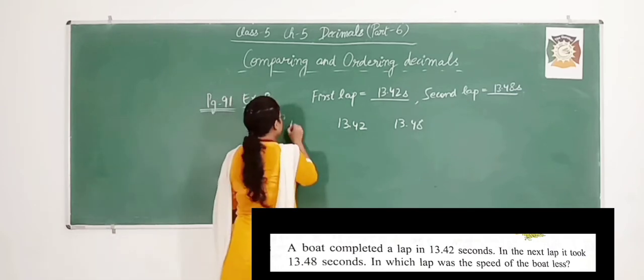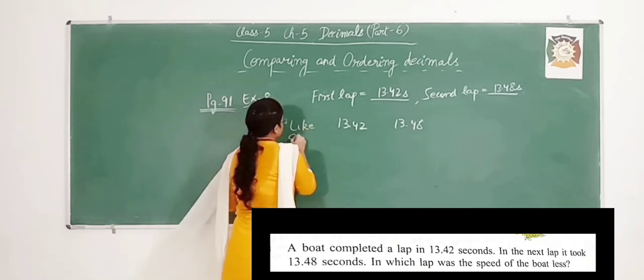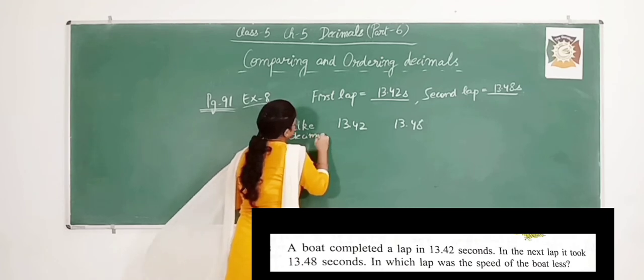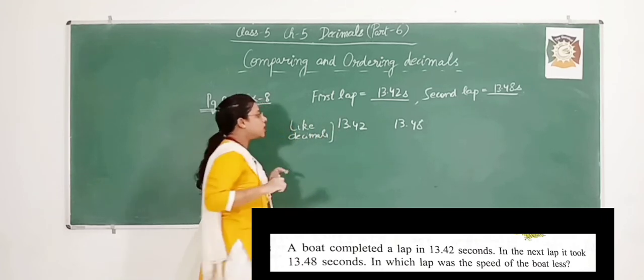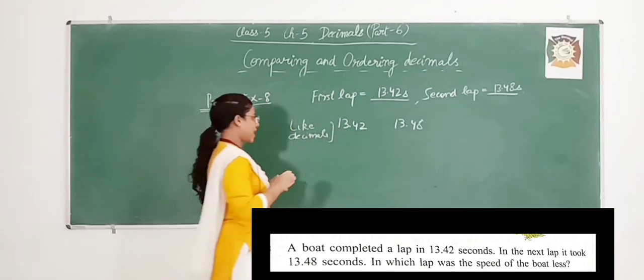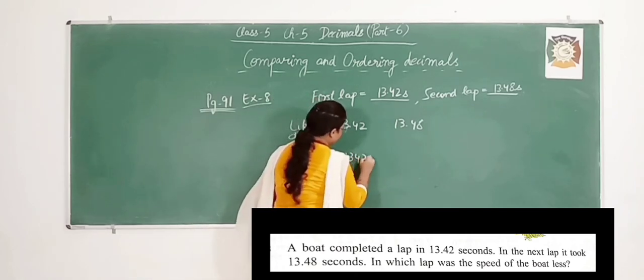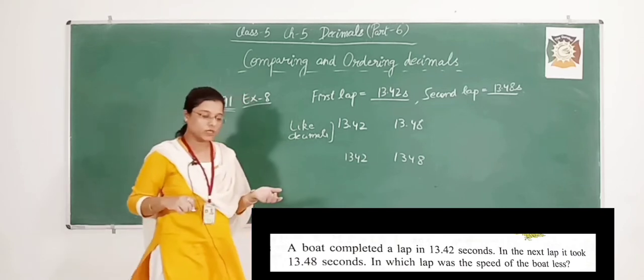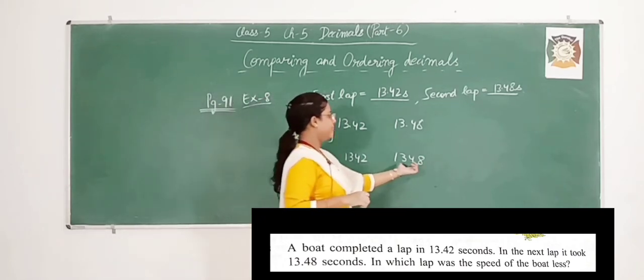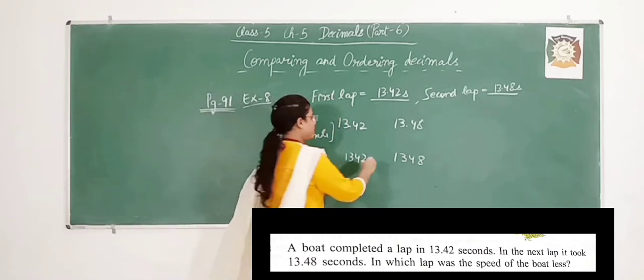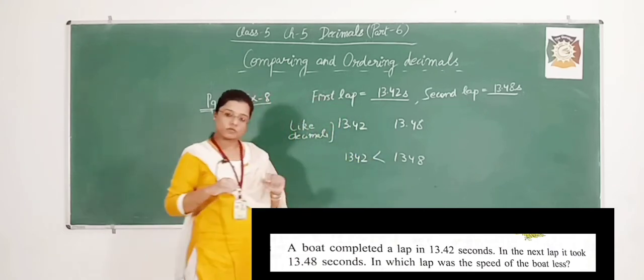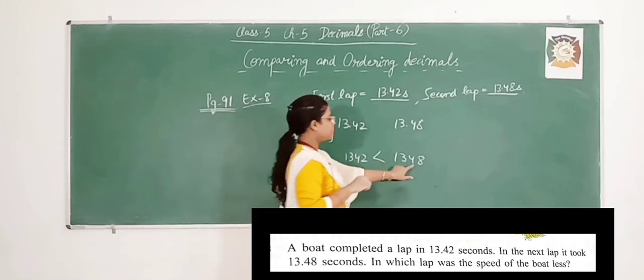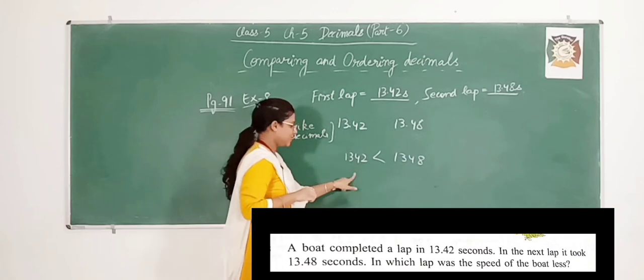It is fine. The example given to you is for like decimals. Now you will remove the decimal sign and write the whole numbers as 1342, 1348. Alright. Now you can easily tell me which one is a greater number. Clearly 1348 is a greater number, right? So this time is more than this.